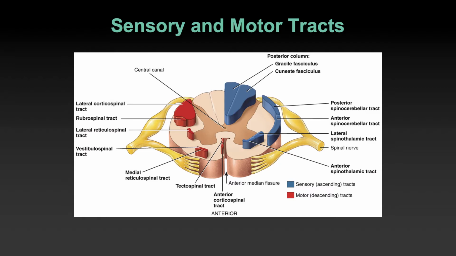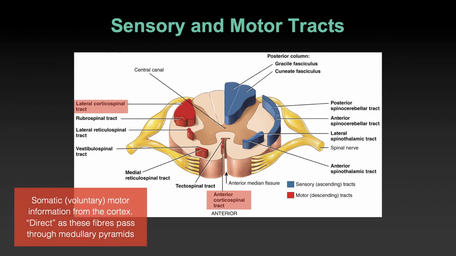Some of the motor tracts are shown here. The spinal cord will convey all motor information between the central and peripheral nervous systems. But some important tracts are highlighted here. The corticospinal tracts. Cortical, the prefix, represents the cortex, so the highest order regions of thinking in the brain.